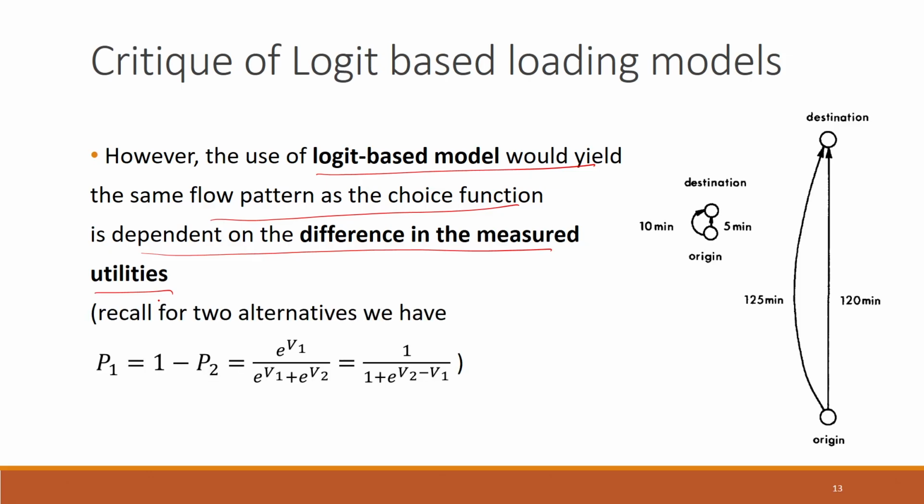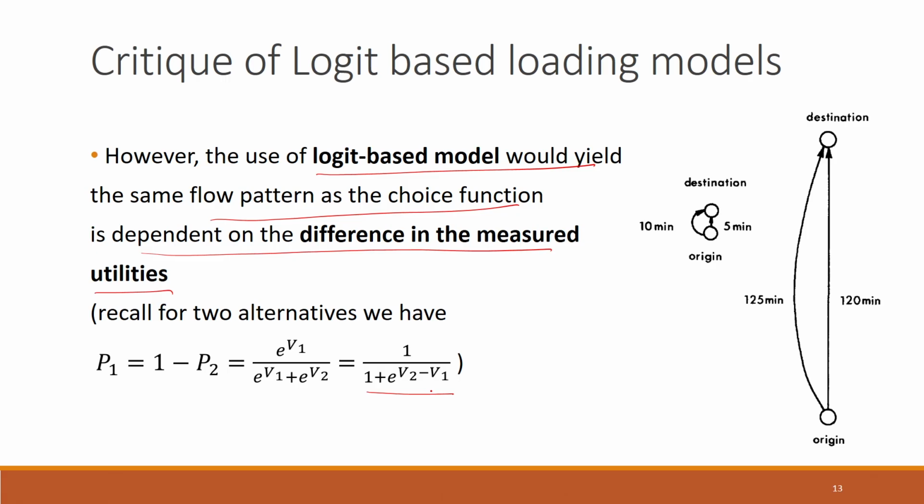If we see, for example, what is the probability of choosing the first path, it is equal to this P1, which is given by e to the power of V1, where V1 is the measured utility of this first alternative, that is the first path, divided by e to the power V1 plus e to the power of V2. Now, if we divide both numerator and denominator by e to the power of V1, this is the expression that we will be getting.